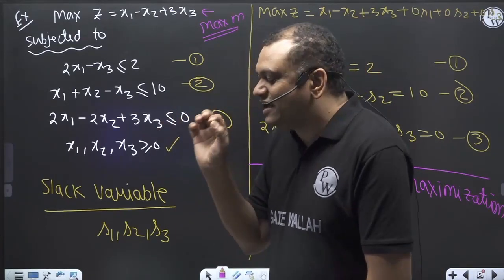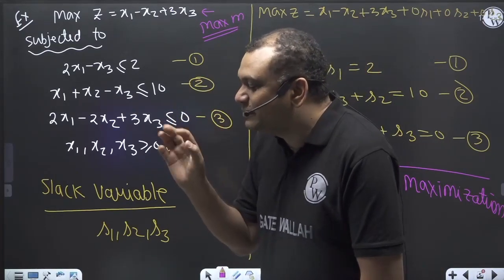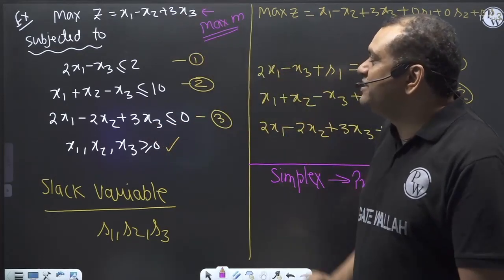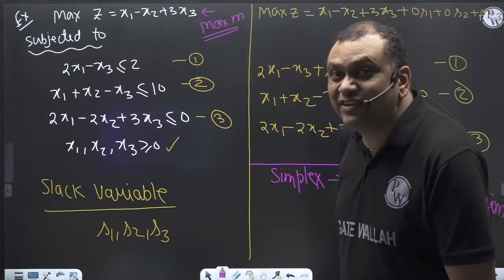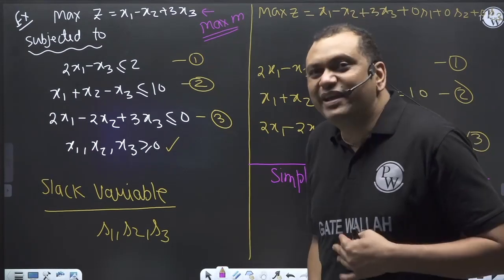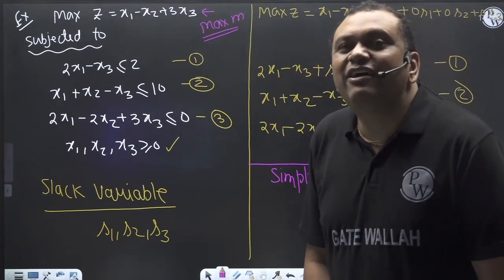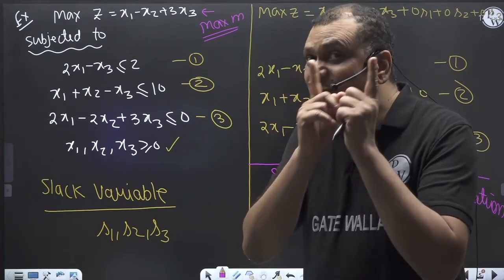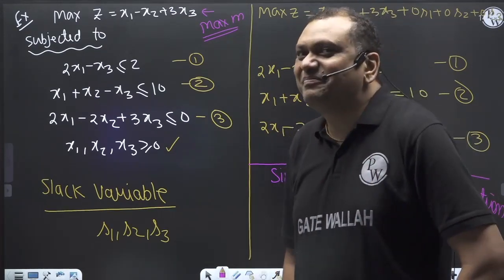Simplex problems are meant for profit maximization, so to begin the iteration, we have to convert a minimization objective function to that of maximization. How to do it, I will tell you in the next problem. Okay?